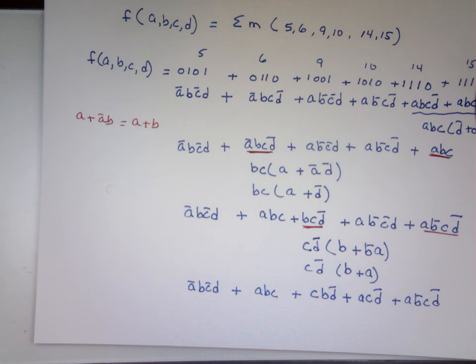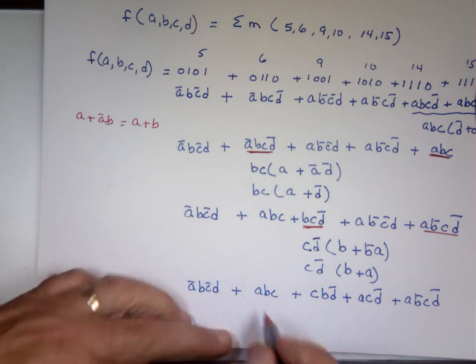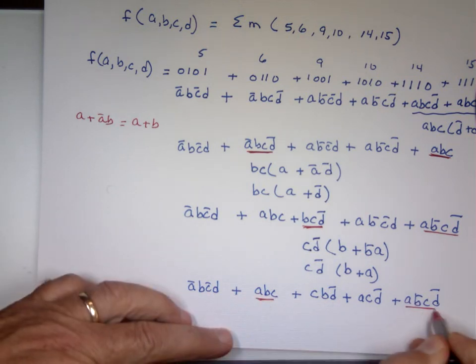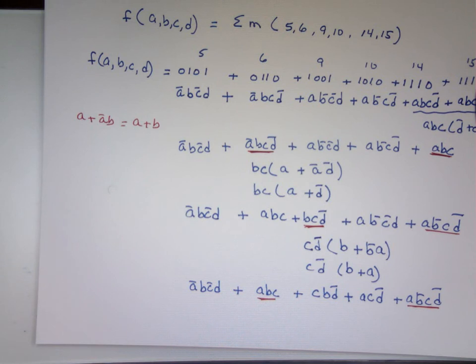You can see the problem start to fall apart. This one and this one. I'm looking for other ones to see if they work out. What about the ABCs and the ACD bar?